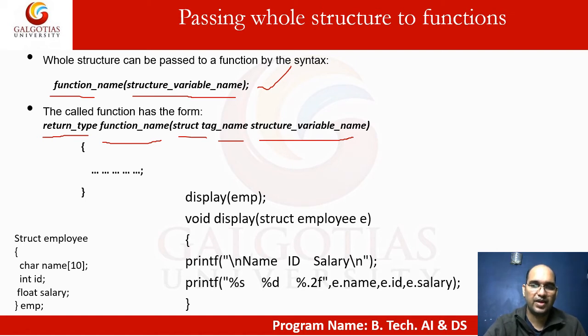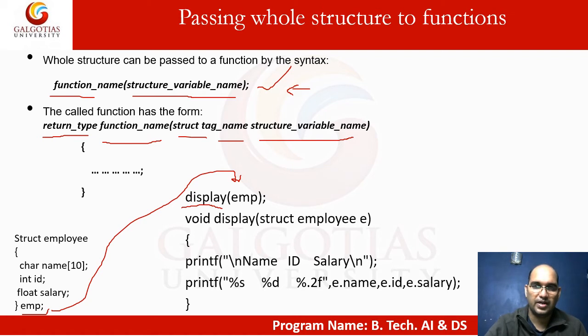Suppose again we have the same example: employee, char name 10, int id, float salary, and employee. Simply, display is the name of the function, and we are passing the structure variable name, that is emp, right? As I told you, the structure variable name goes in the function call. Then we have to define the function.